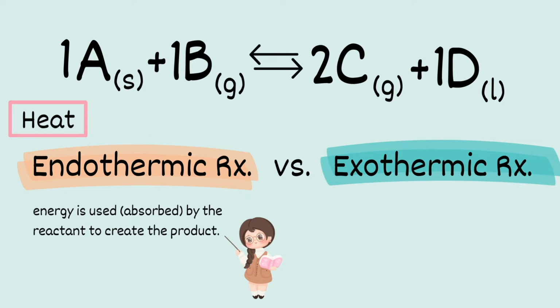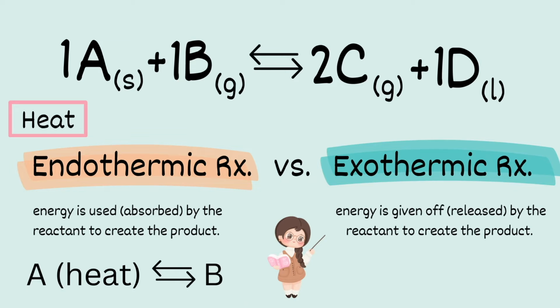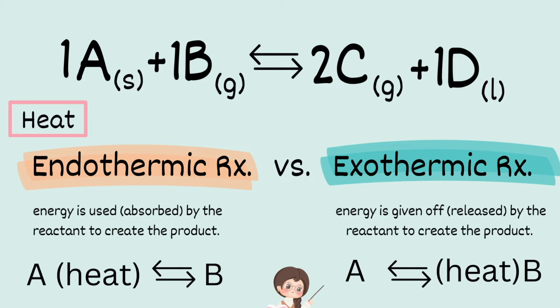Because the reactants are using heat, you sometimes will see the heat written with the reactants, or on the reactant side. On the contrary, in exothermic reactions, energy is given off or released by the reactants to create the product. So you may see heat written on the product side because heat is being released on this side.